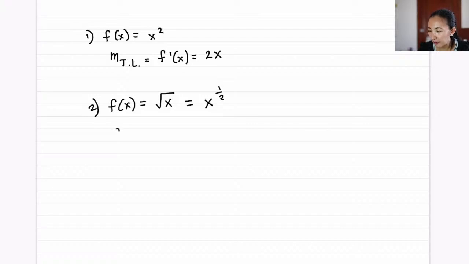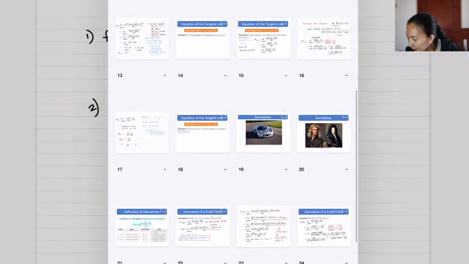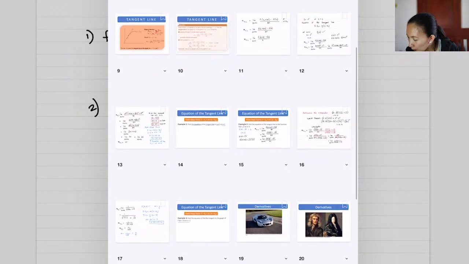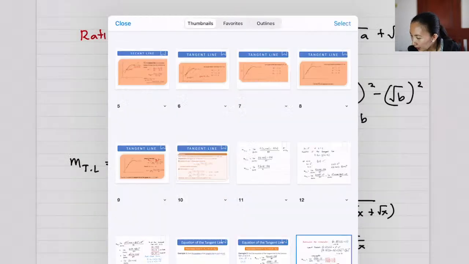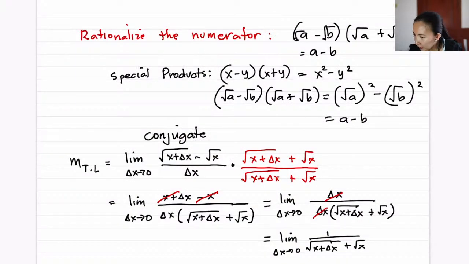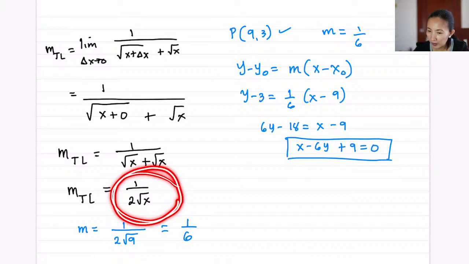And what did we get as f prime of x or the slope of the tangent line? Balikan natin si problem number 2. Anong sagot natin kay problem number 2? Ito ba yung sagot natin? Hindi. Dun sa next page niya. Ayun, I found it. 1 over 2 square root of x, diba?